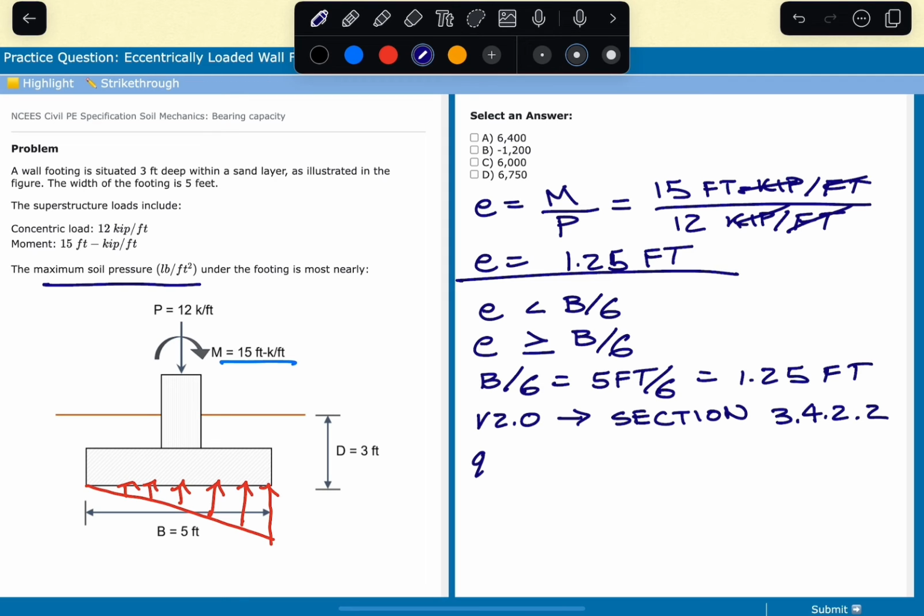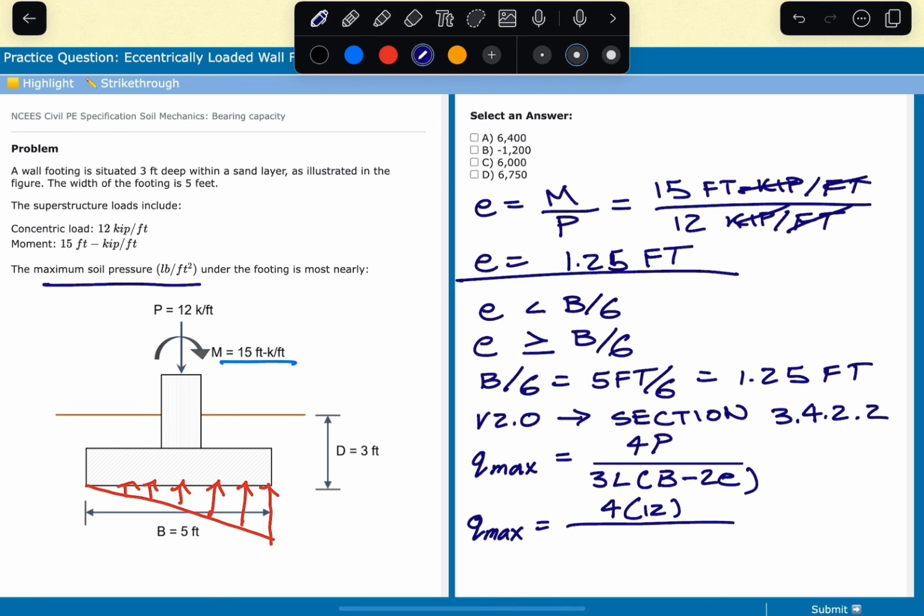In our case, you'll find that the maximum bearing pressure is going to be equal to 4 times P divided by 3 times length L times the width B minus 2 times E. Now, going back and plugging in for all of our parameters, we've got 4 times that concentric load 12, divided by 3 times 1.